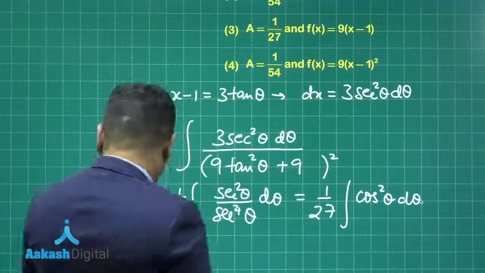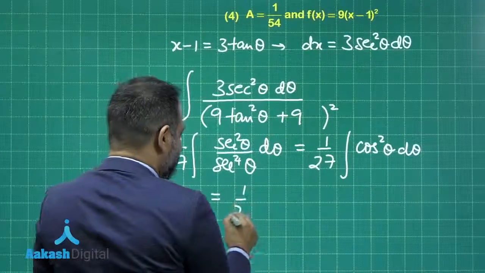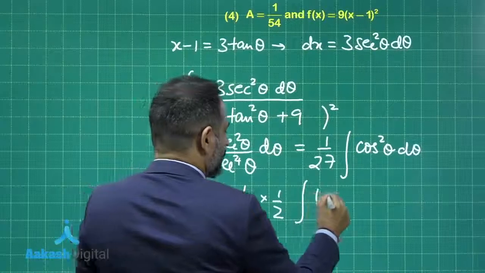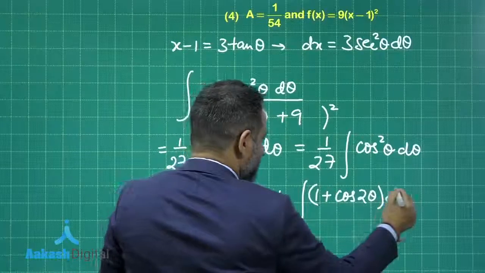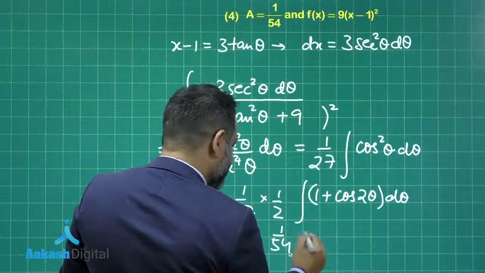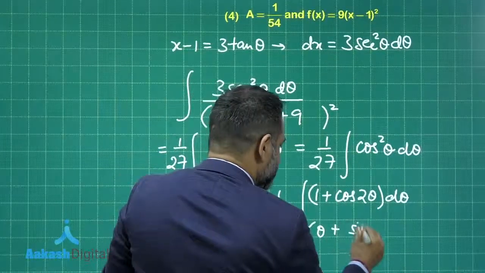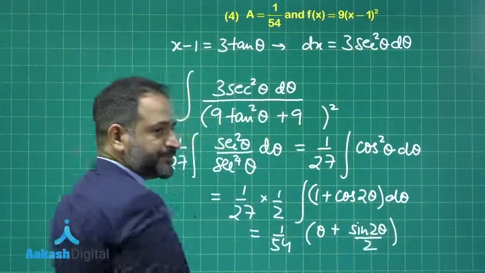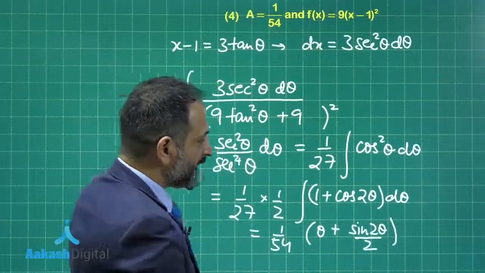Now, this can be easily done. This is again 1 by 27 into 1 by 2, 1 plus cos 2 theta d theta. So, this is 1 by 54 theta plus sine 2 theta by 2. Now, if you substitute theta with tan, you will have the first term.